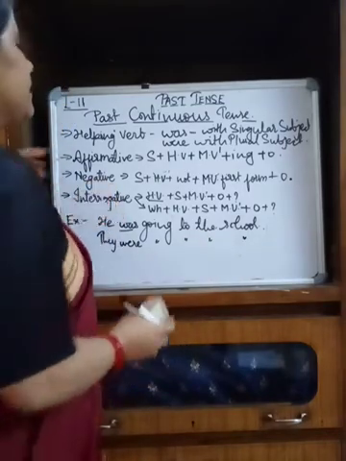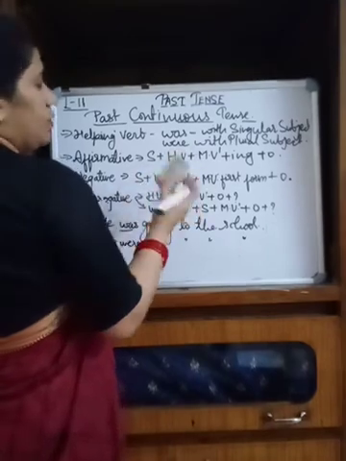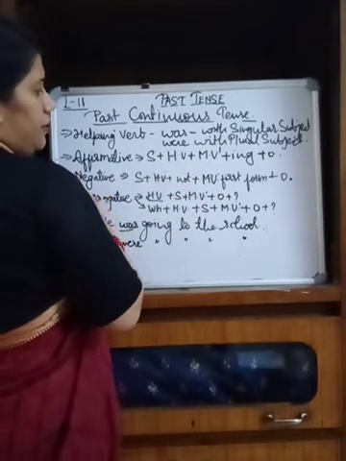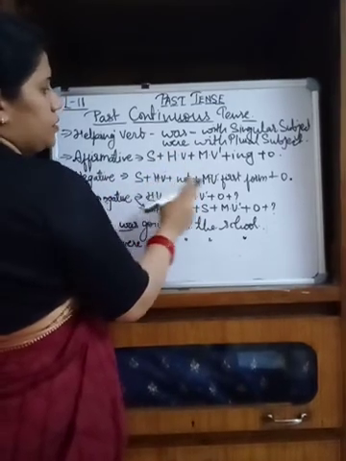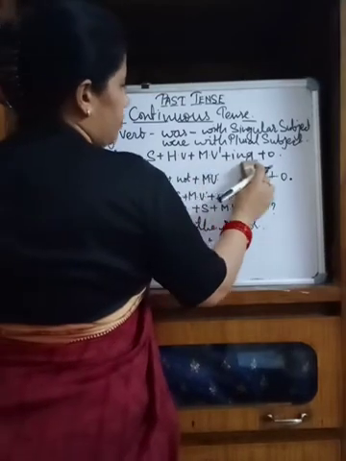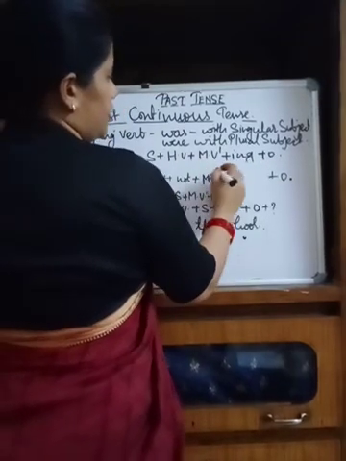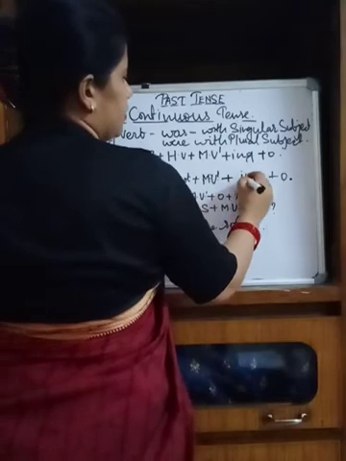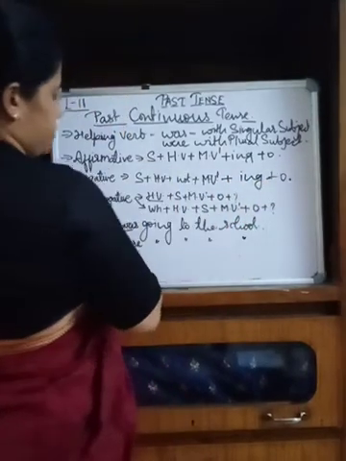If the negative sentence is there, then use it the way you were doing earlier. Use the helping verb plus not plus main verb, first form of the main verb plus ing plus object.